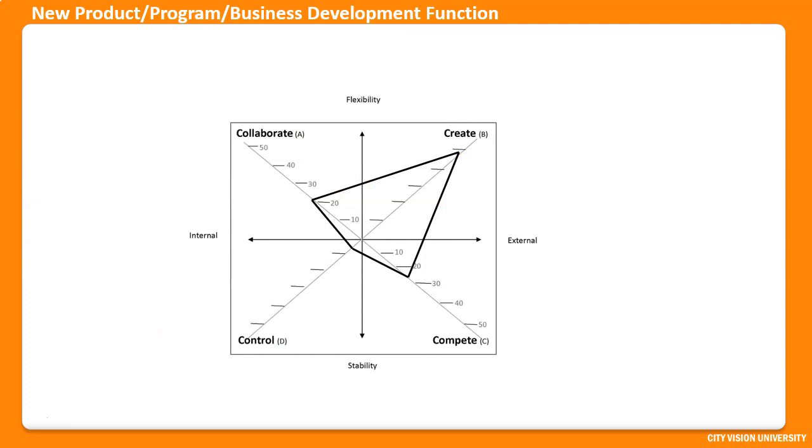So if you are in a division of an organization that is focused on new product or program development or business development or possibly social enterprise, and you did an organizational assessment of the competing values framework with the OCAI tool, it's likely that your division would look like this.